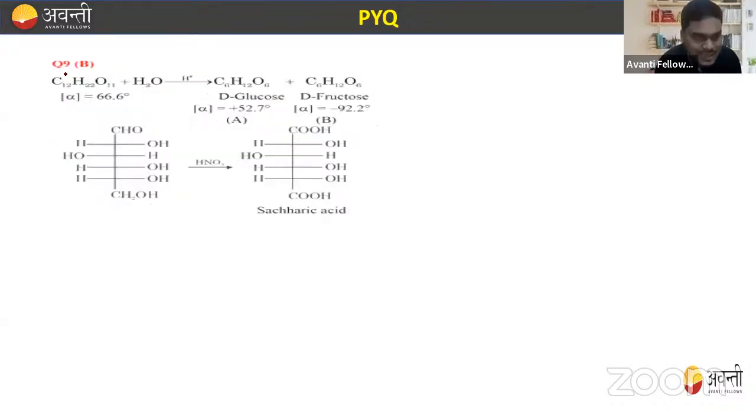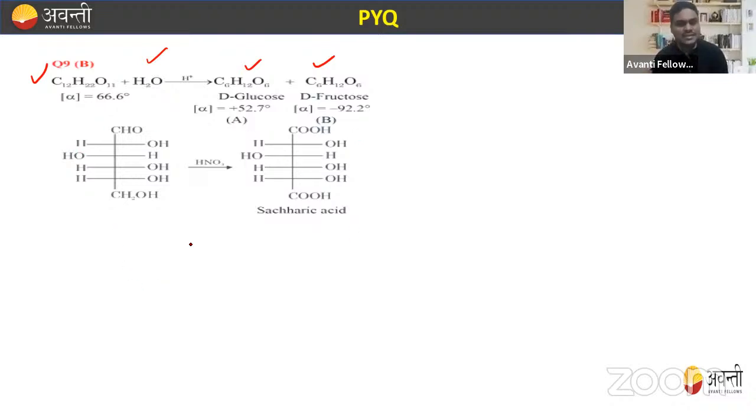We know that here X is C12H22O11, that is cane sugar. Cane sugar on hydrolysis will give D-glucose and D-fructose, right? And the mutarotation values are given: alpha is equal to plus 52.7 degrees, and alpha is equal to minus 92.2 degrees.